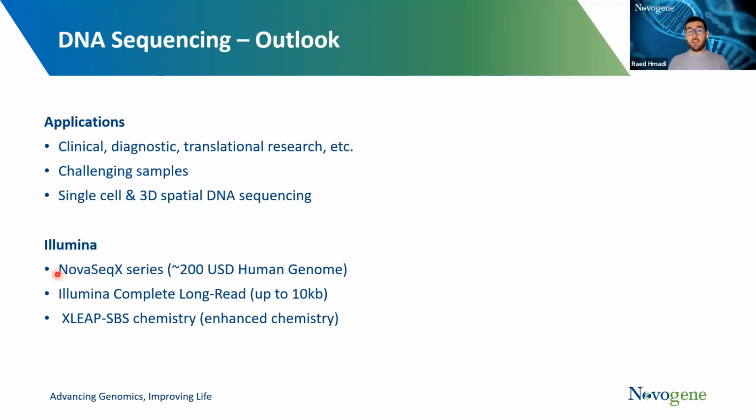In addition to the short-read sequencing that Illumina provides, the company is also investing in long-read sequencing, and they recently announced the Illumina Complete long-read technology that would give us the advantage to sequence DNA up to 10 kb. And all of this can be done with the new enhanced chemistry called XLEAP XPS.